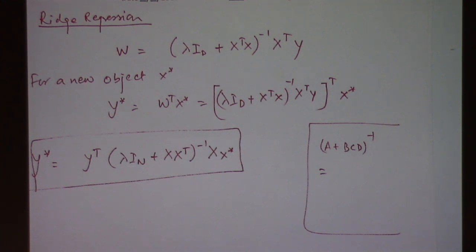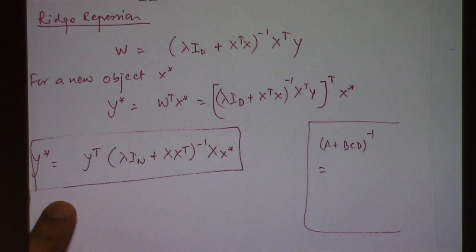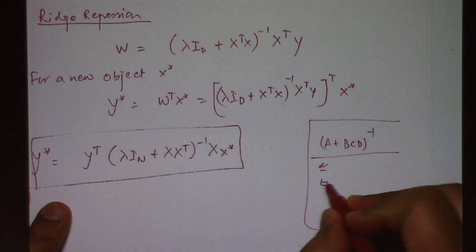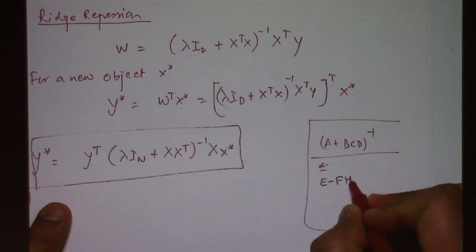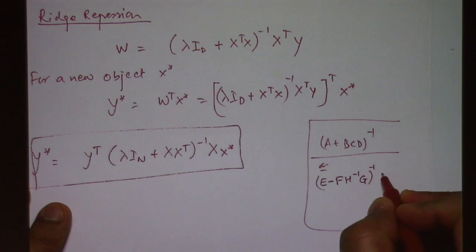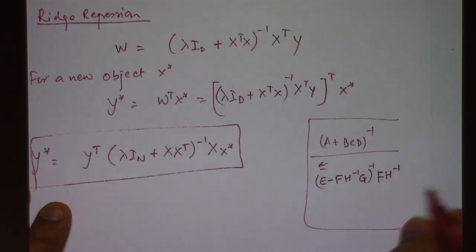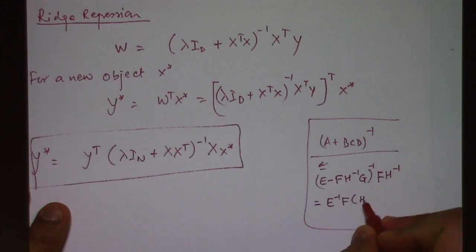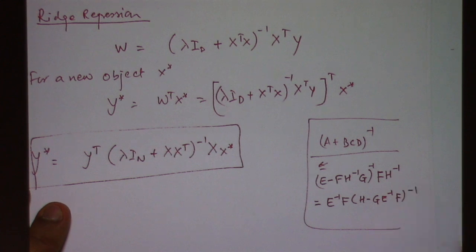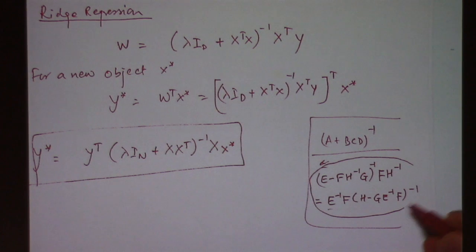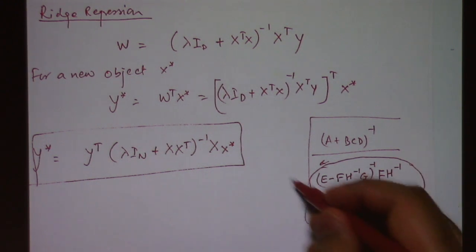This matrix inversion lemma says this. I have it in the notes. It says that if you have an expression which looks like E minus F H inverse G inverse times F H inverse, this will be the same as E inverse F times H minus G E inverse F inverse. When you look at it, you say, oh yeah, obviously. But this is what we have applied in this case.